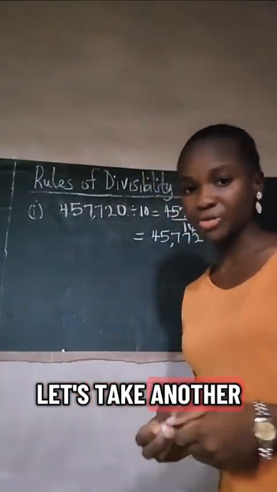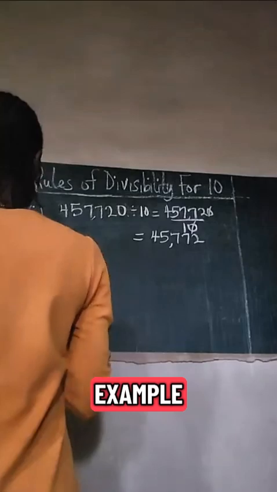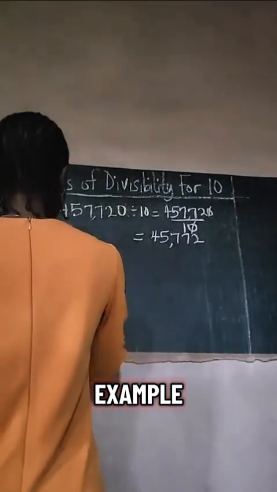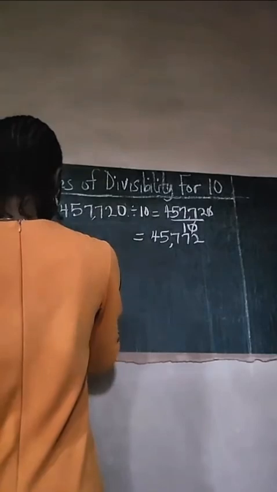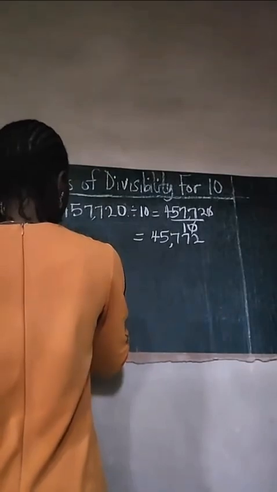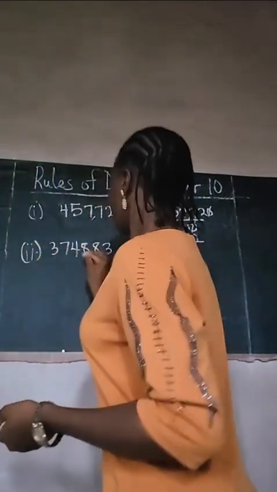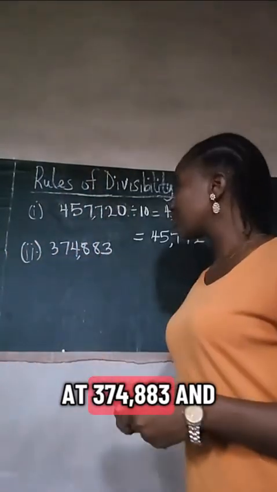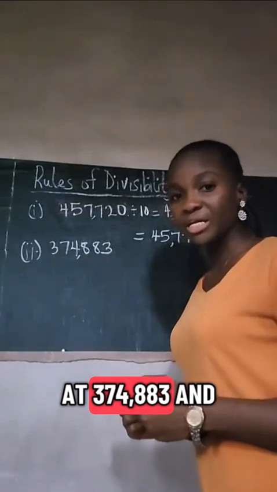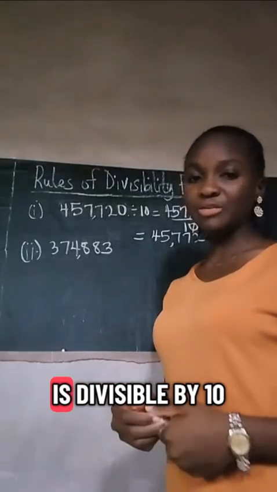So let's take another example. So let's look at 374,883 and let's see if this number is divisible by 10.